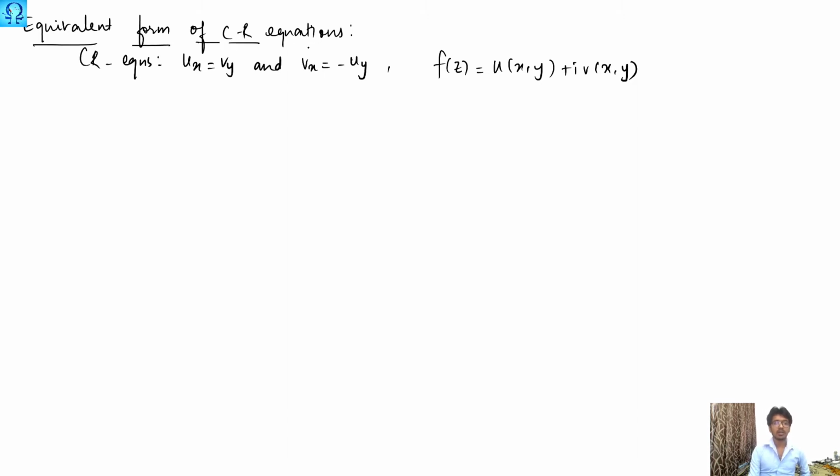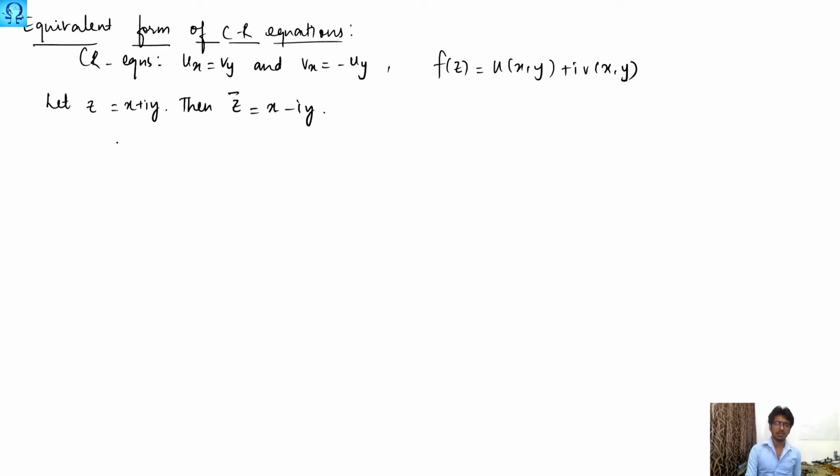Now, in the complex form itself, we are going to derive an equivalent form of CR equations. Usually we take z as x plus iota times y, then the conjugate of z is x minus iota times y.